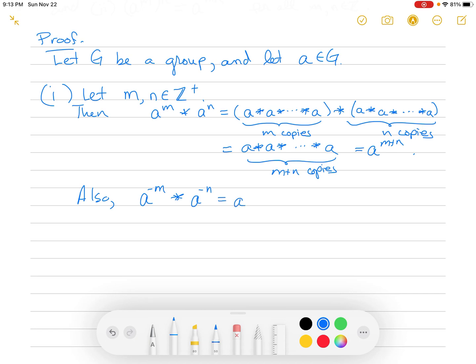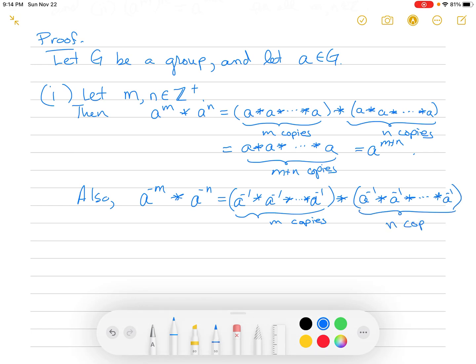This means a to the negative 1 star a to the negative 1 star a to the negative 1, m copies. Then we're going to star that with a to the negative 1 star a to the negative 1 star a to the negative 1, n copies.